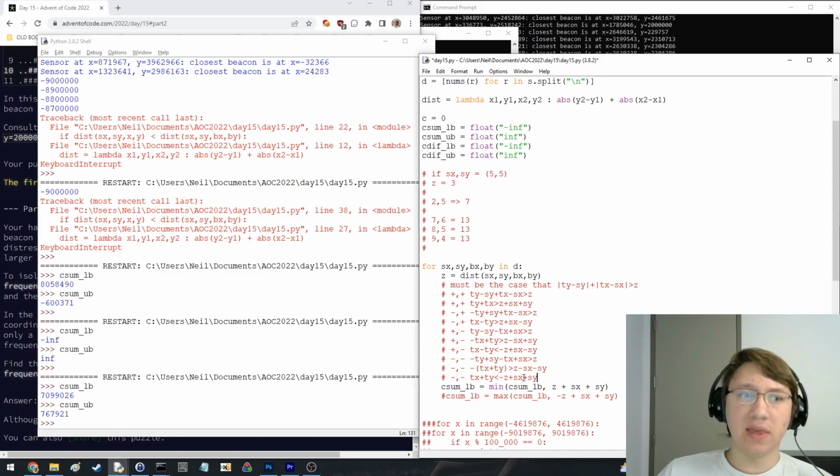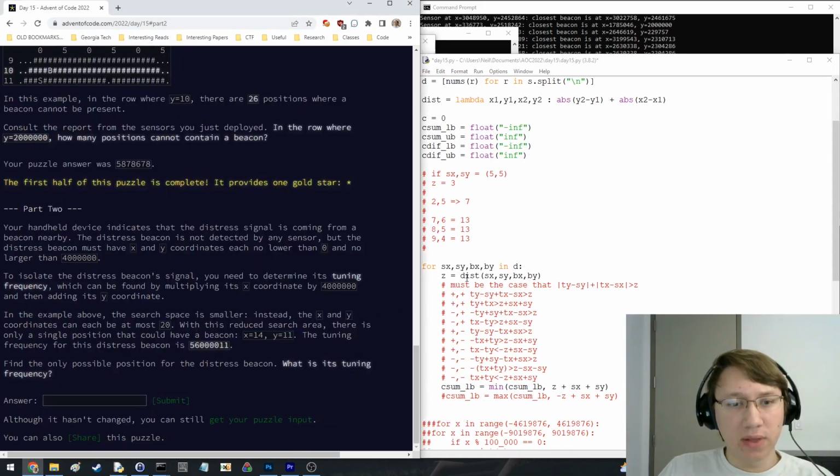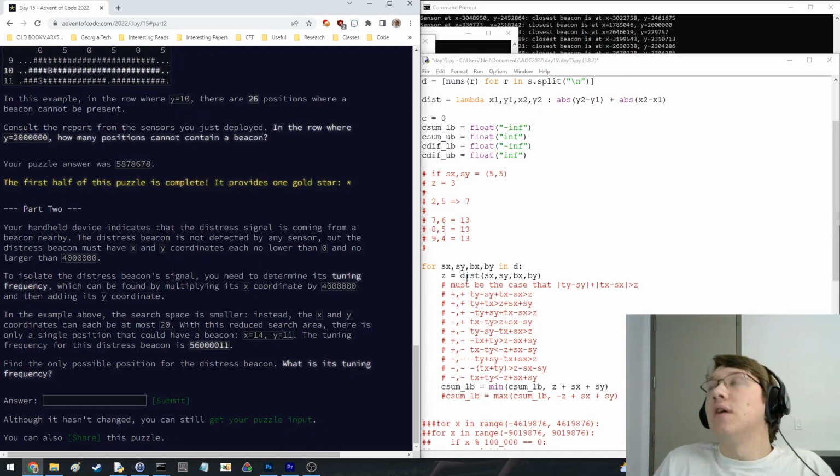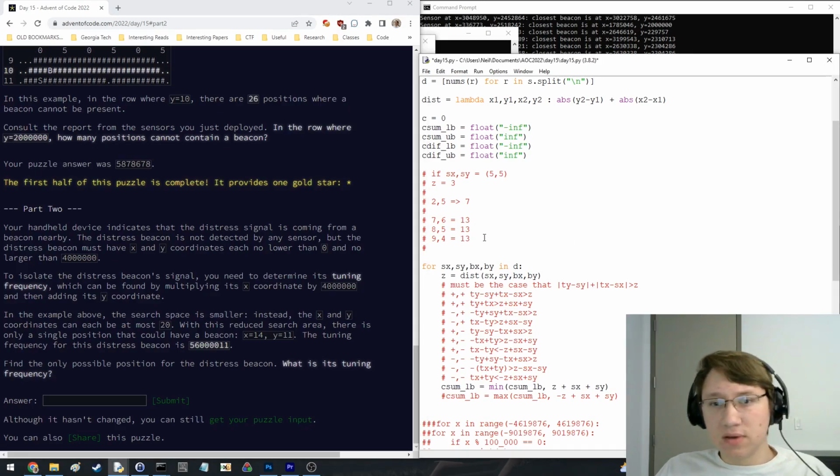It either needs to be less than, oh, I am like confusing myself here. So we're interested in finding the one location that is not covered. Yeah, so it needs to be like, any one of these constraints must be the case for all of these numbers. Okay.